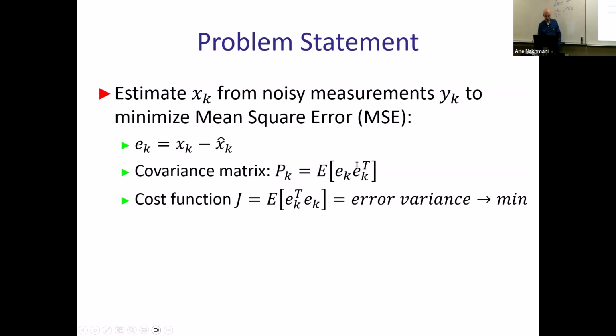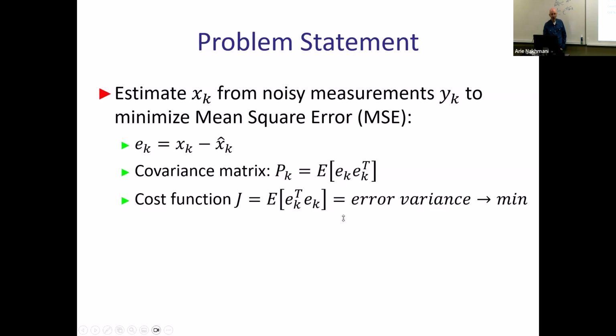So what are the dimensions of that thing? EK is a vector like that, and the second vector is like that. So it would be n by 1 and 1 by n. So what would be the multiplication? It would be an n by n matrix. And this is practically the definition of the covariance matrix for these error vectors.